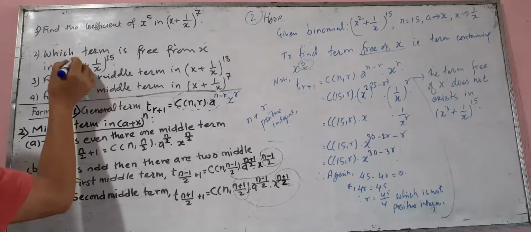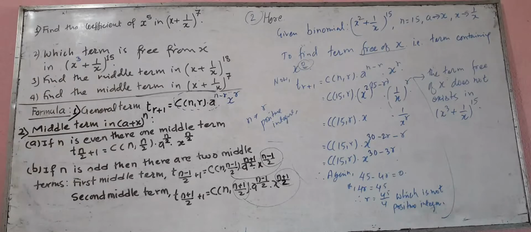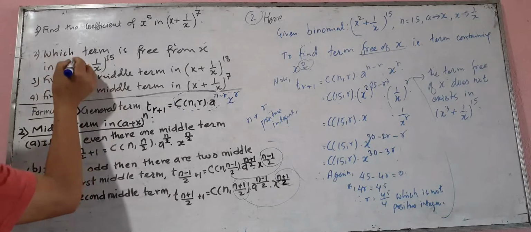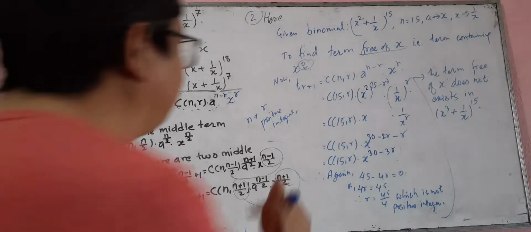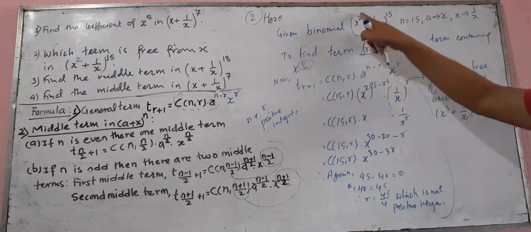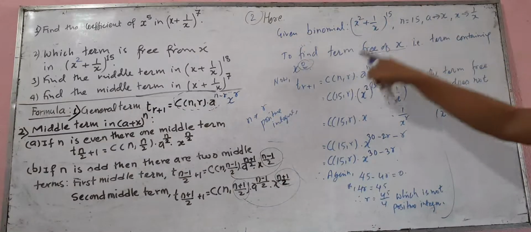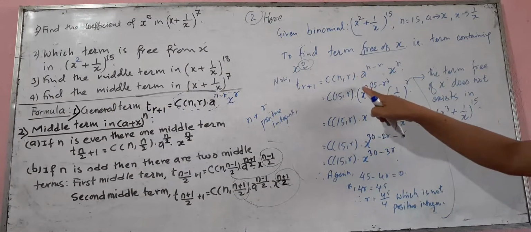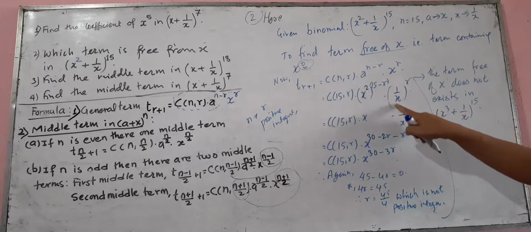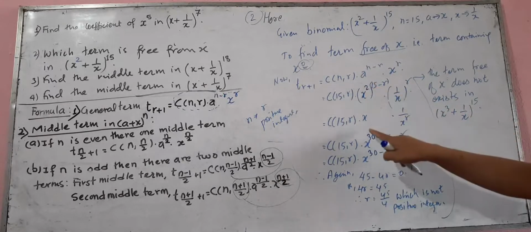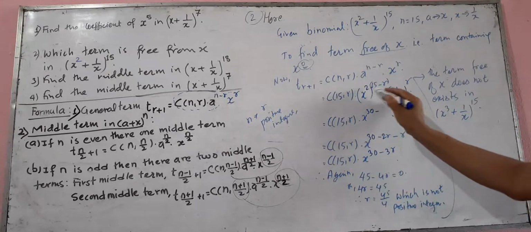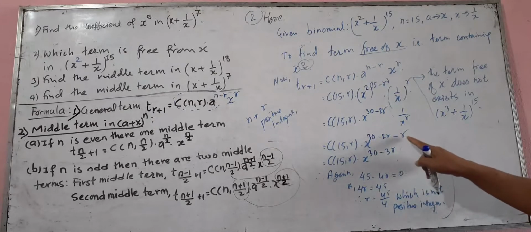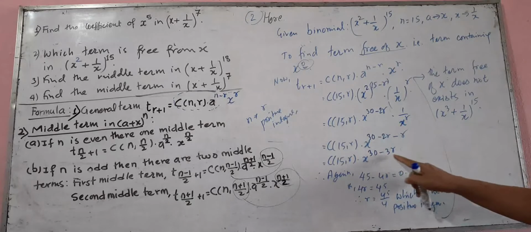When it is x plus 1 by x, again the term free from x doesn't exist. So we make this x squared. Now it's possible. Listen, given the binomial (x squared plus 1 by x) whole power 15 and the same formula for the general term, we write x to the power 2 for a and 1 by x for the second term. So 15 minus r, times 2, is 30 minus 2r, and then minus r, and it becomes 30 minus 3r.